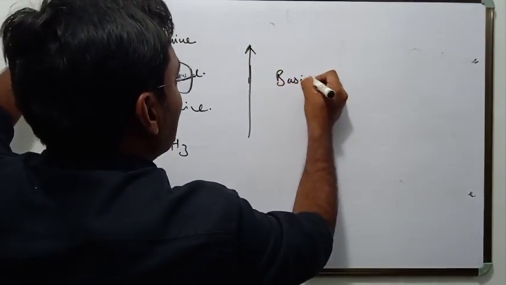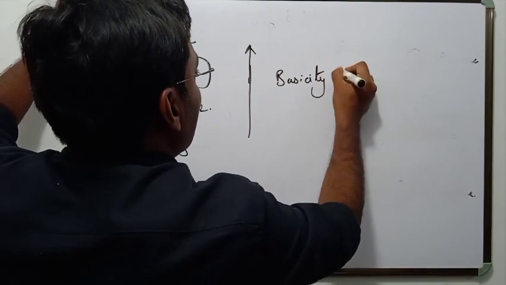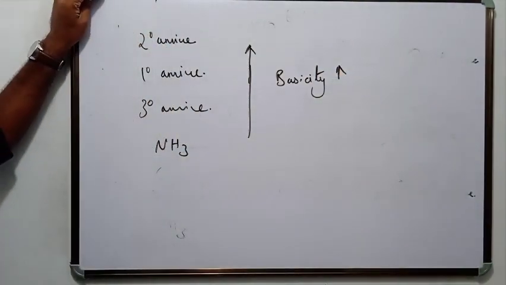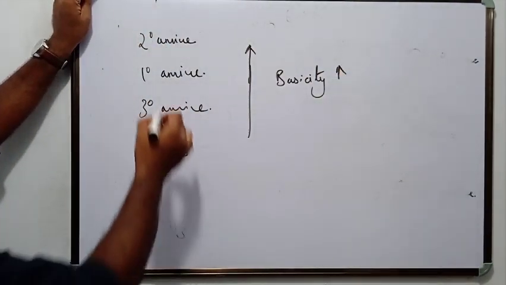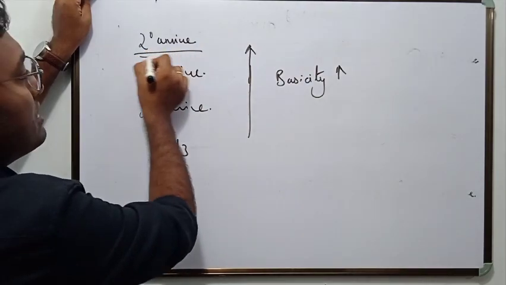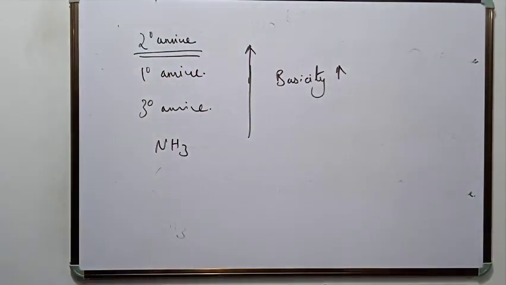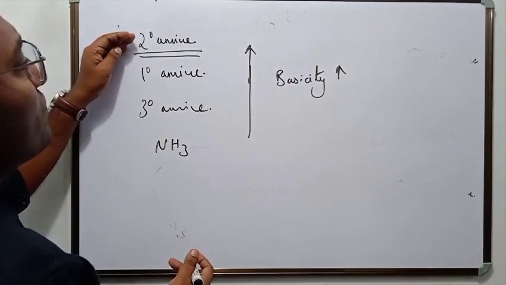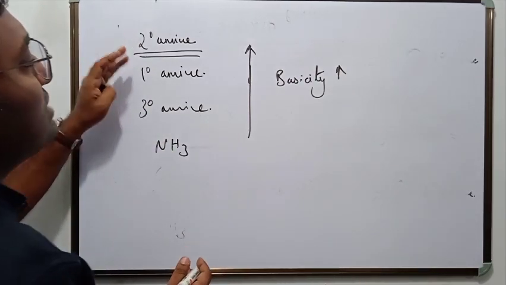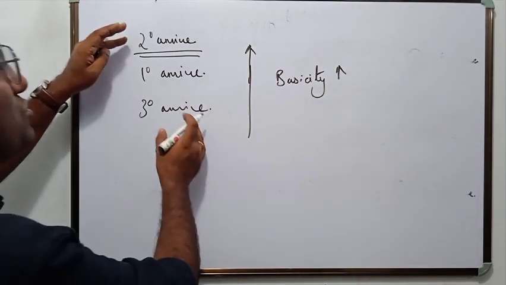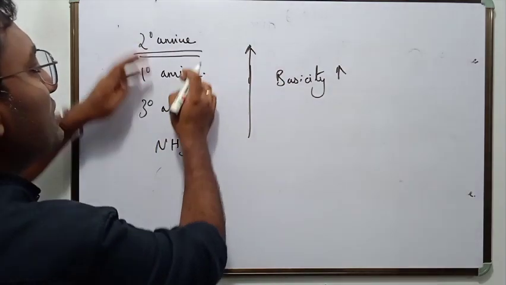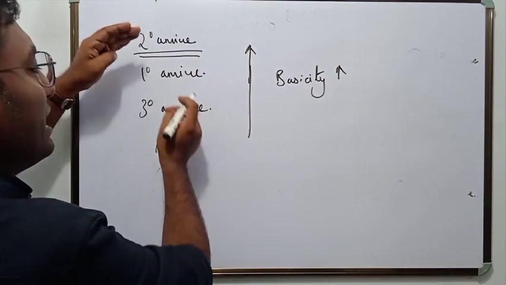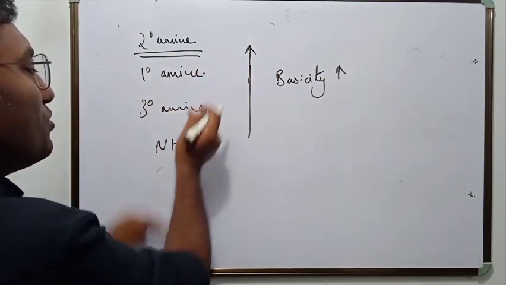Now we will prove why secondary amine is the most basic of all amines, and also compare the basicity of secondary with primary, primary with tertiary amine, and also with ammonia.